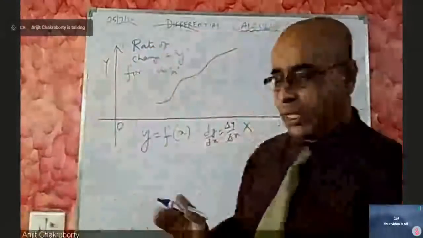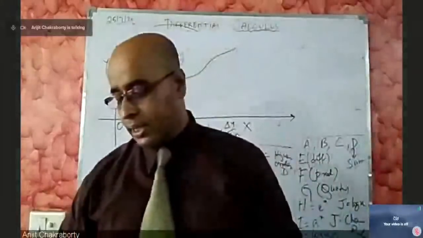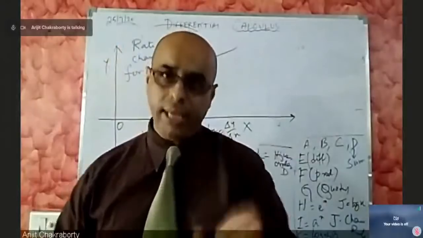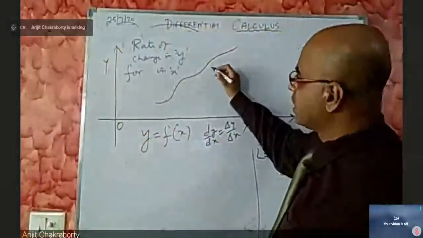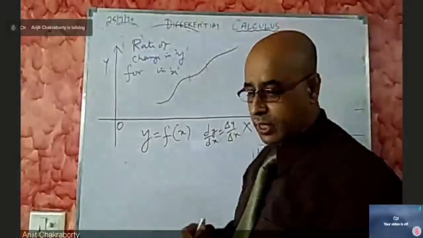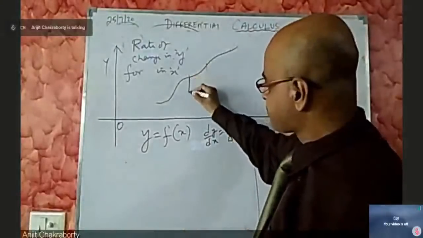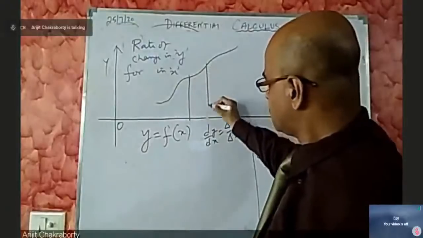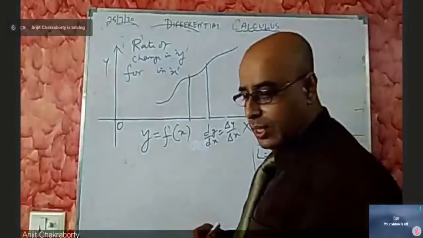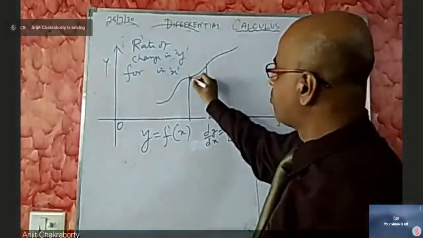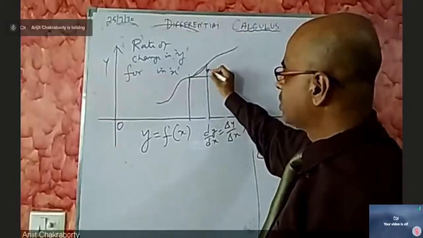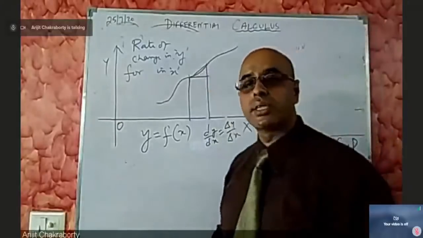Now, geometrically, it is proved that once we talk about the change, say in this particular part, the change is here. So say for example, the rate of change will be shown by the tangent, this tangent.